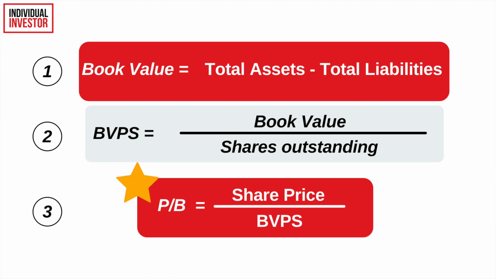One step further, we can now take the book value and divide it by the total number of outstanding shares, and this will give us the book value per share or BVPS. And finally, price to book ratio or PB ratio would be the share price divided by the book value per share. Okay, enough of the theory. Let's get our hands dirty and calculate the PB ratio for Apple and Microsoft.